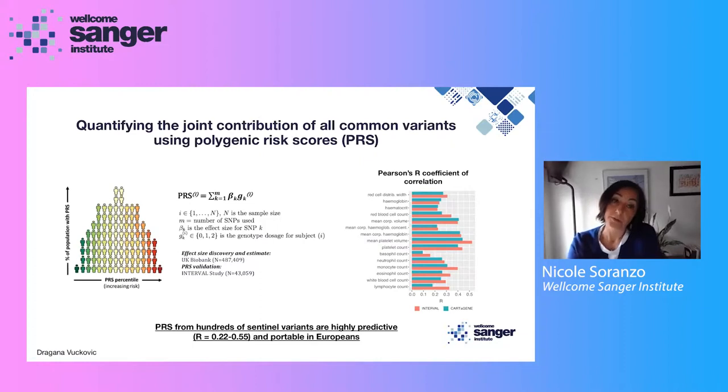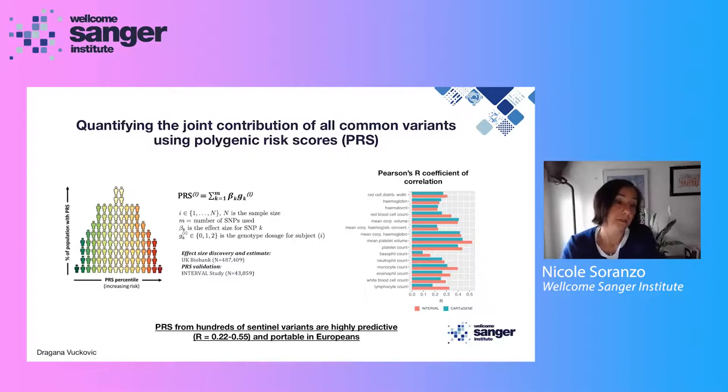So to capture the effect of the overall genetic variation affecting these phenotypes, we built what we call polygenic risk scores that are effectively just weighted sums of the number of alleles that each person in the population carries with respect to the alleles associated with any given phenotype.